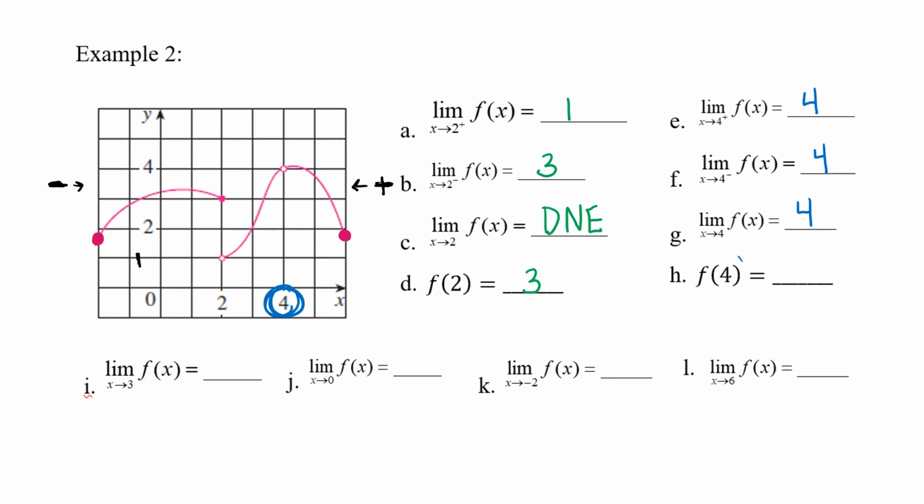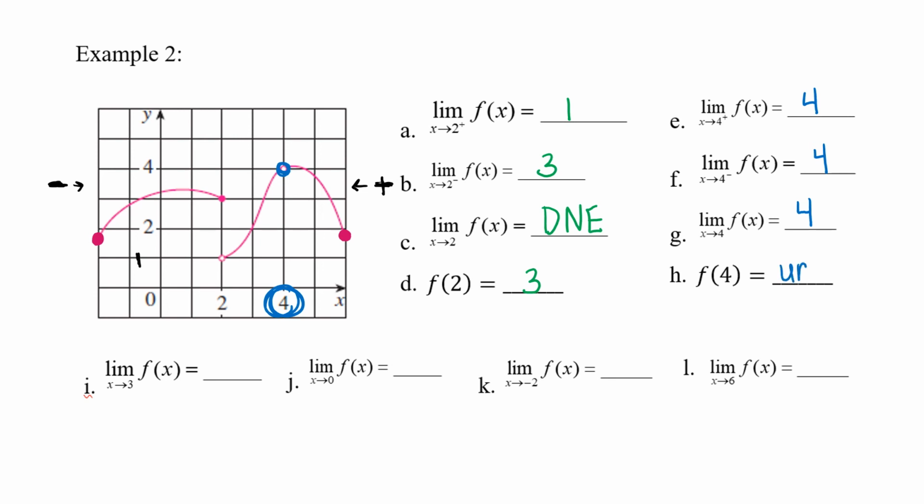Now let's look at f of 4. So when my input is 4, what is my output? Well, this one's a little different. All I have is this open circle. I don't have any closed circles. That means that this function has not defined a value for the output when the input is 4.